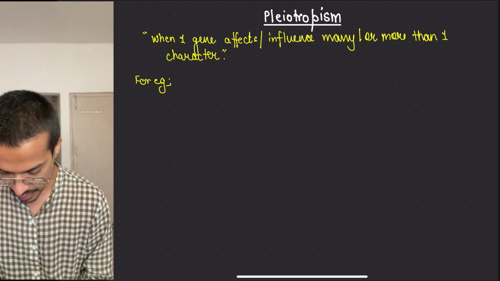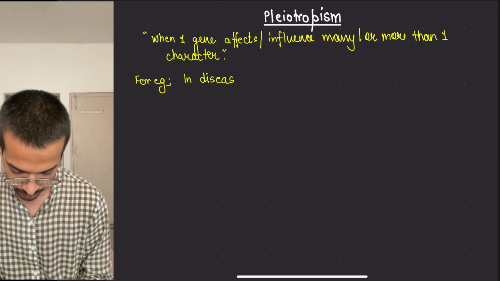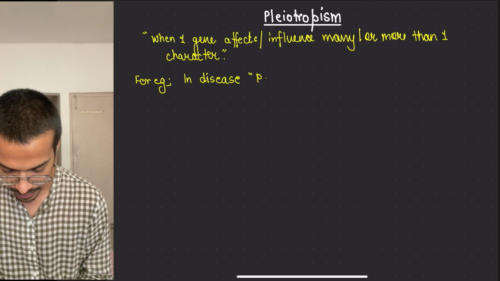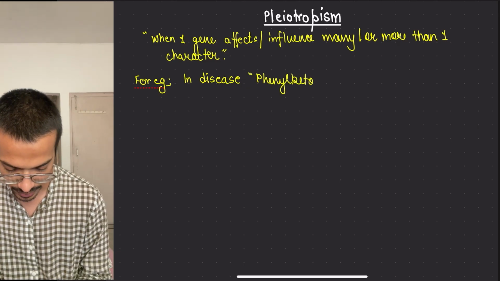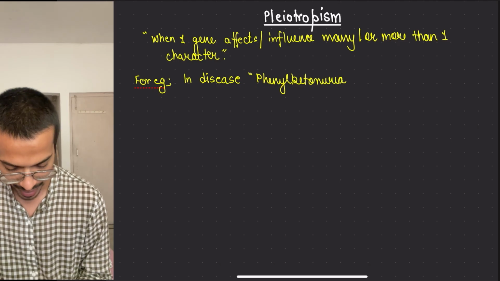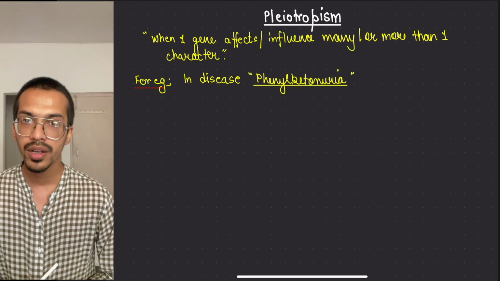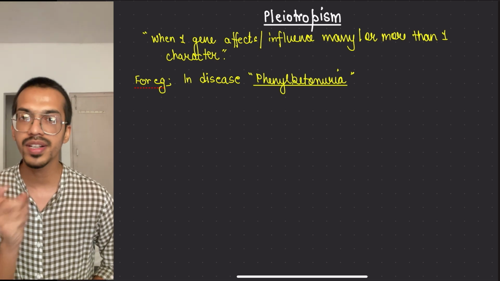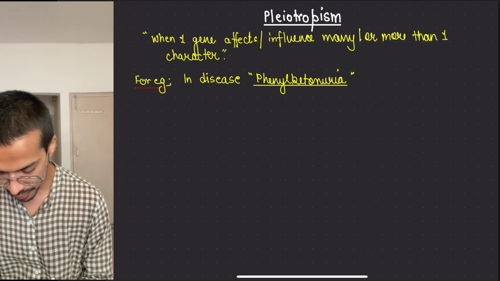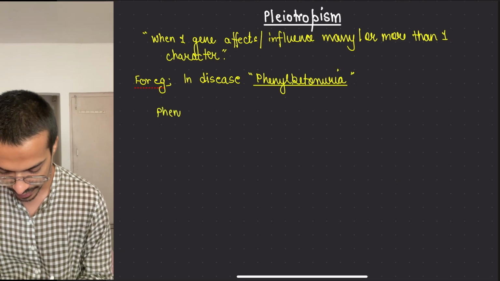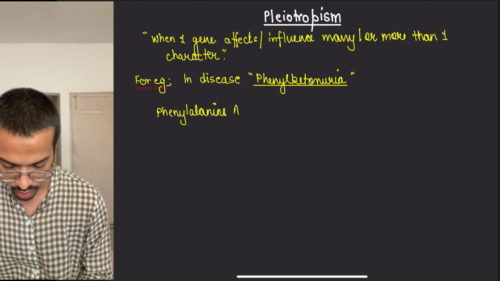Okay, in the disease phenylketonuria, what happened basically in this? Let's just see that and how it's affecting. Now in your body, whenever phenylalanine amino acid is present, okay, so we have phenylalanine amino acid.